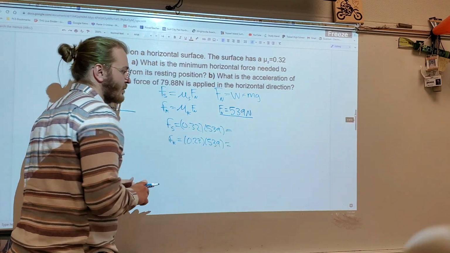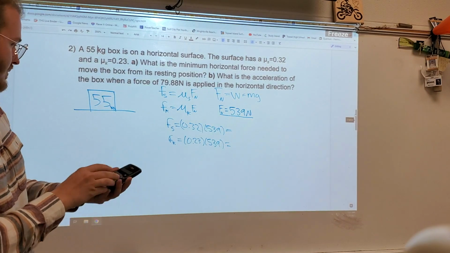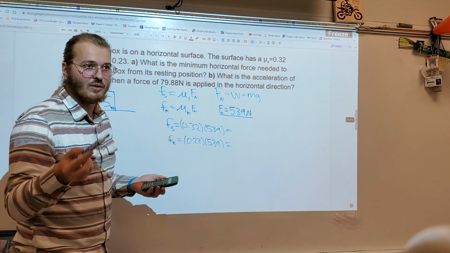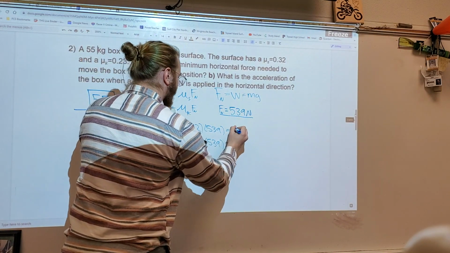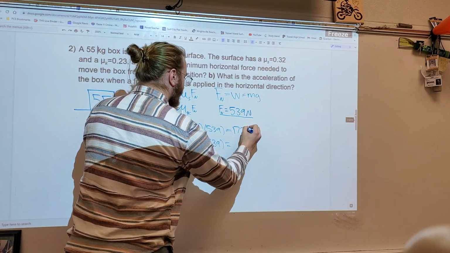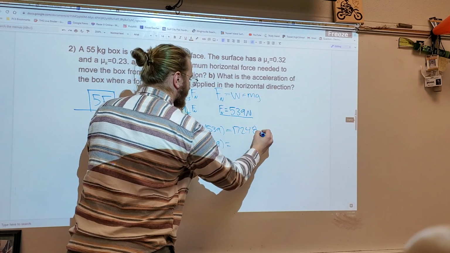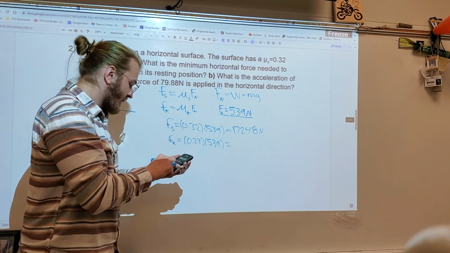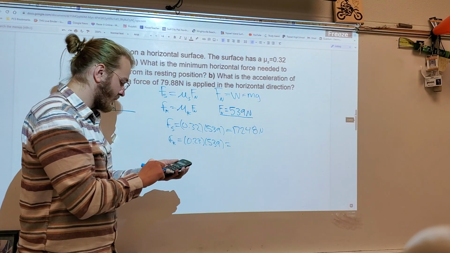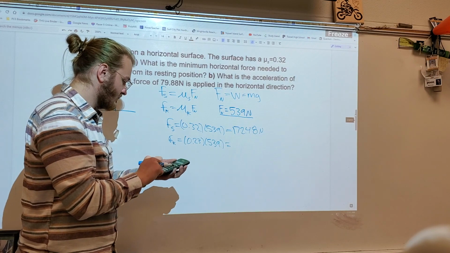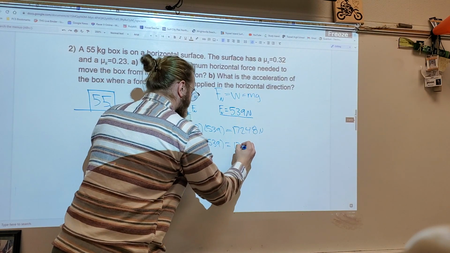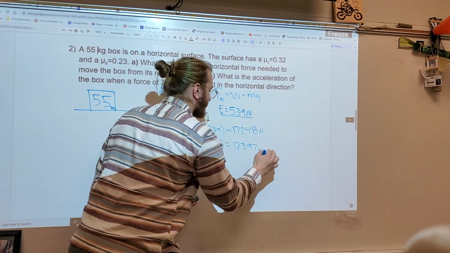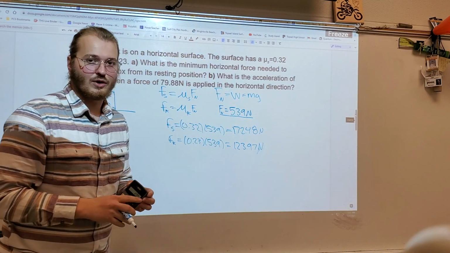These will give us two separate values, each relating to their own frictional force. So, we have 172.48 newtons of static frictional force, and then we also have 123.97 newtons of kinetic friction force.